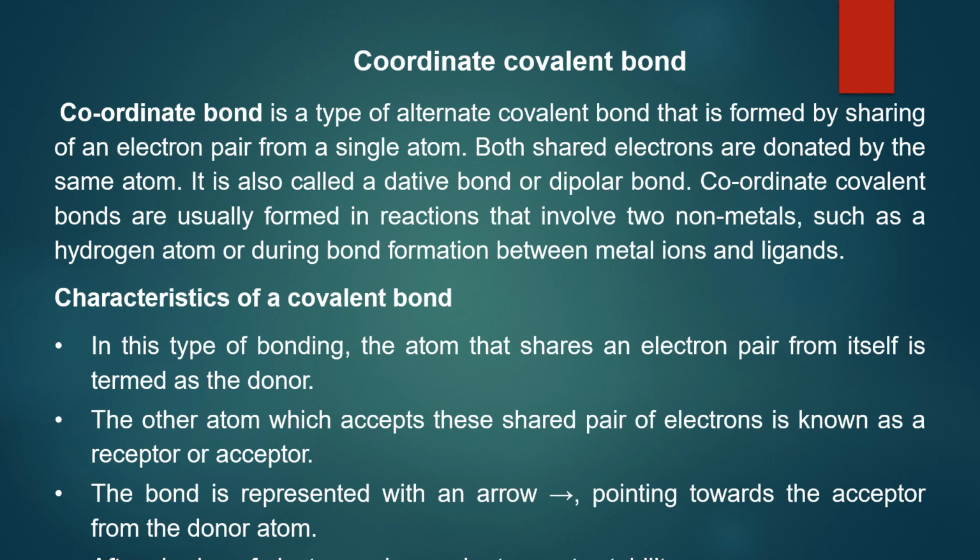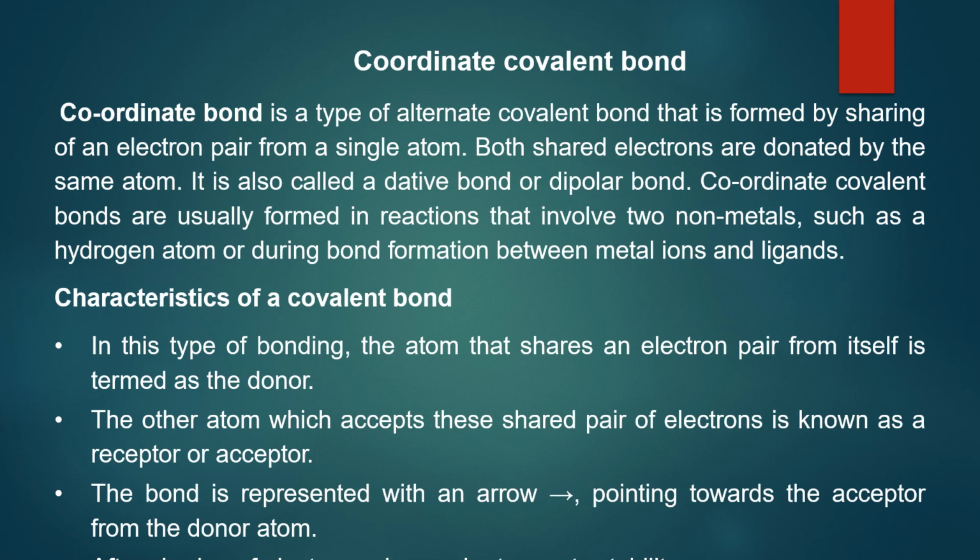You can see the coordinate covalent bond in coordination chemistry, in which coordination compounds are made up of metal ions at the center surrounded by ligands. The ligands have the capability to donate their electrons towards the empty orbitals of the metal ions, so that we make coordinate covalent bonds between metal ions and ligands in coordination chemistry.